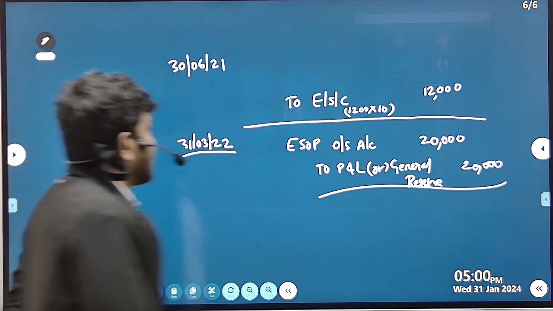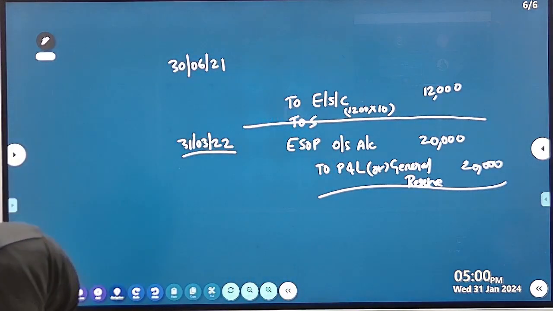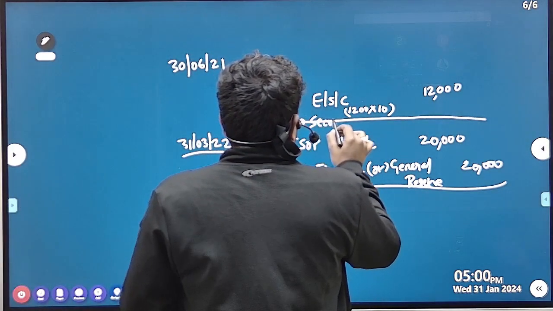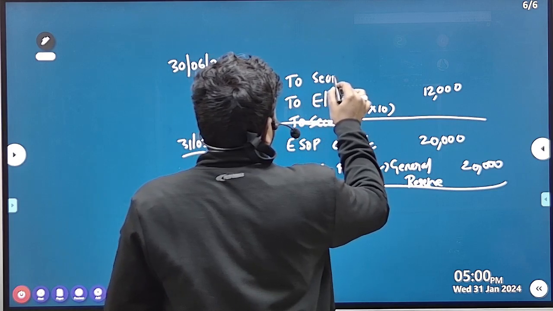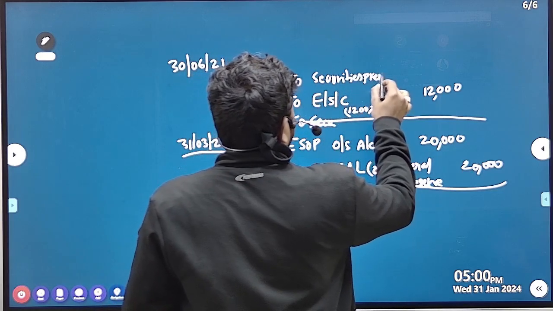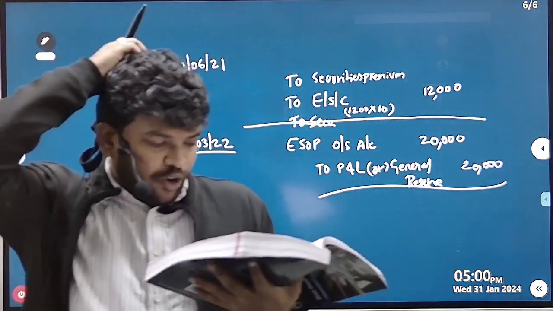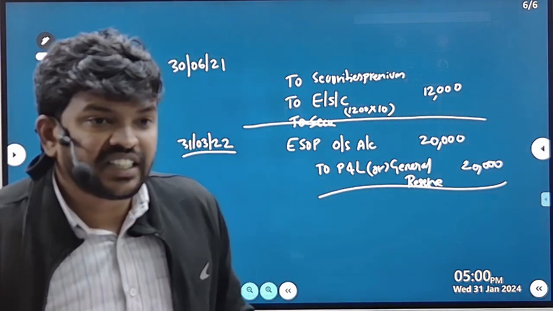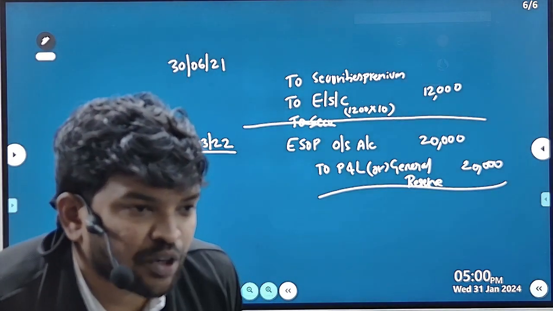क्लियर? टू सिक्योरिटीज प्रीमियम. सर वाई सिक्योरिटीज प्रीमियम? Here I am writing 2 securities premium. Sir, face value is how much? Face value is 10 rupees.